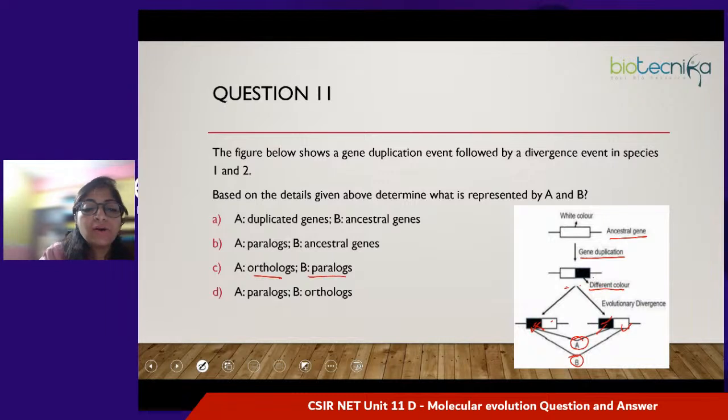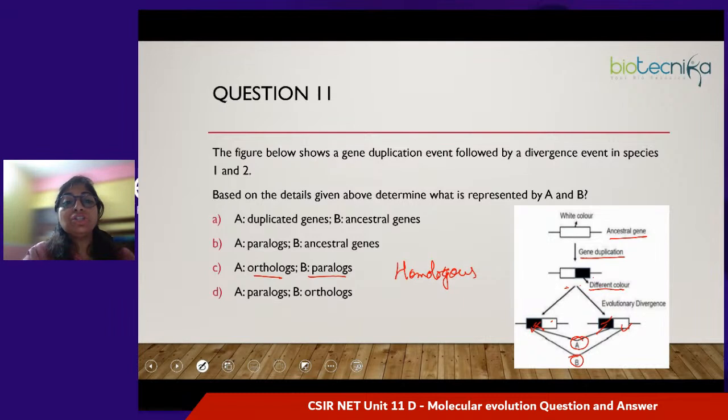Orthologs and paralogs are both homologous genes. Homologous genes are genes which have similar nucleotide sequences. Orthologous genes are those which differentiate from each other because they are present in different species. This is species 1, this is species 2.